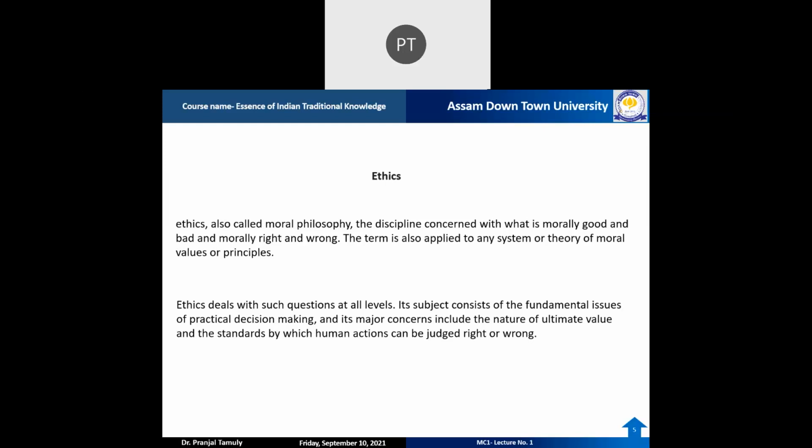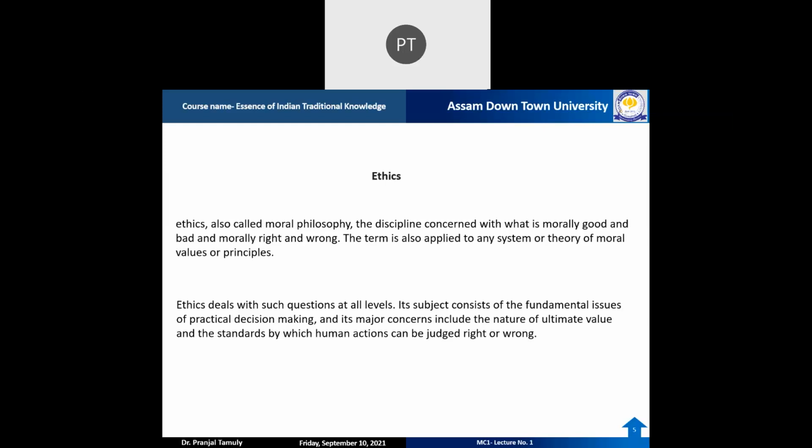So basically, the study of ethics is often concerned with what we should do in certain situations, whether what we are doing is right or wrong. Some fundamental questions in ethics are: what is good, whether the things we do are good or bad, and what makes certain actions good.